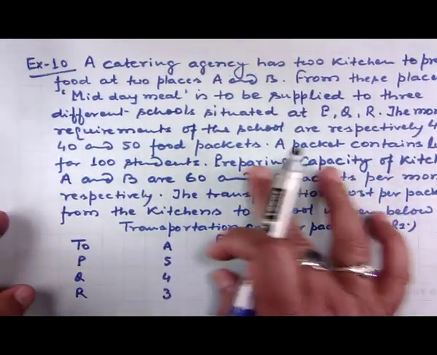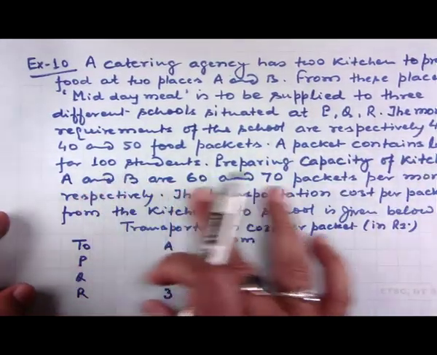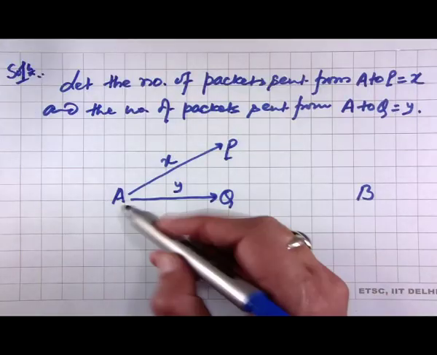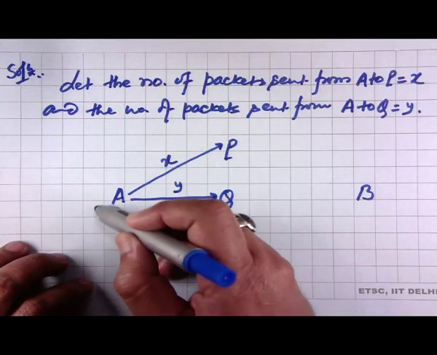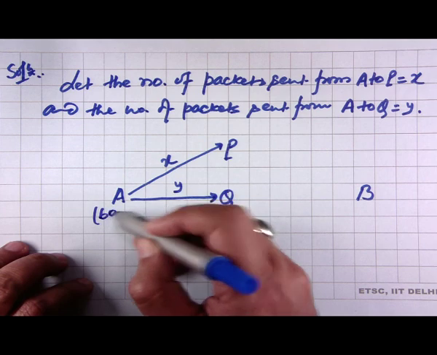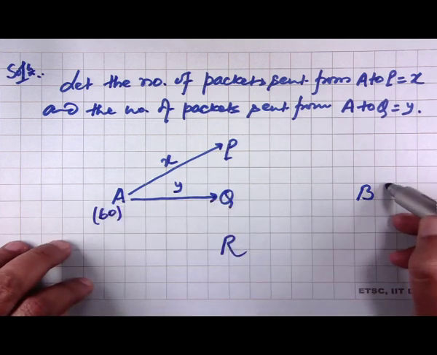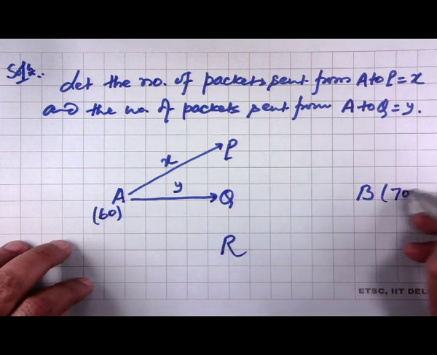The preparing capacity of kitchen A is 60 and the preparing capacity of B is 70.